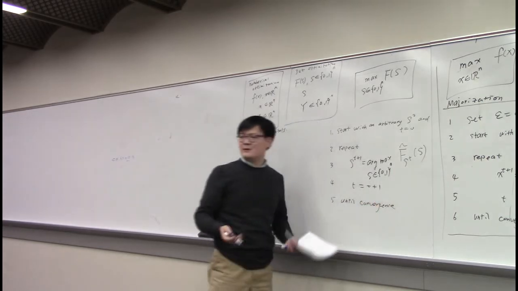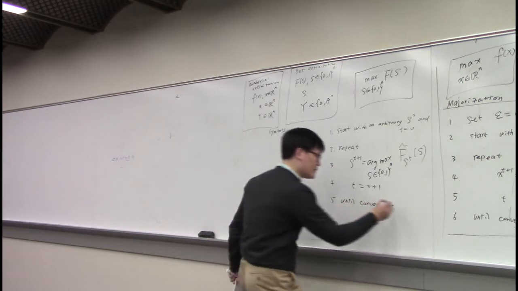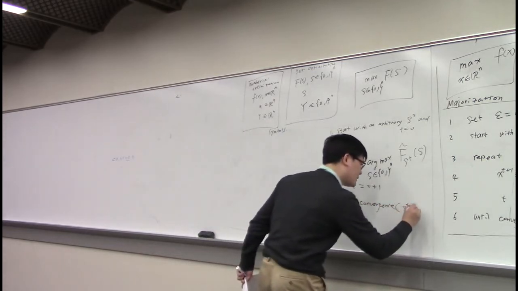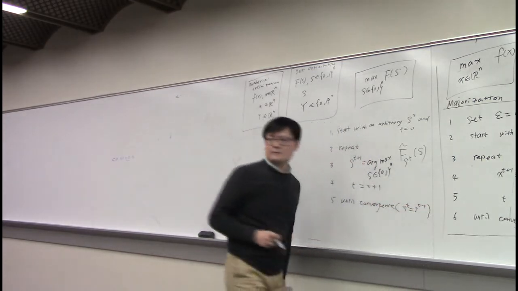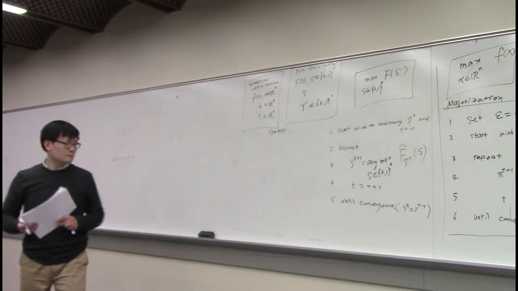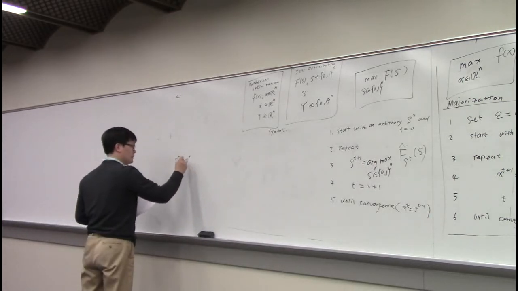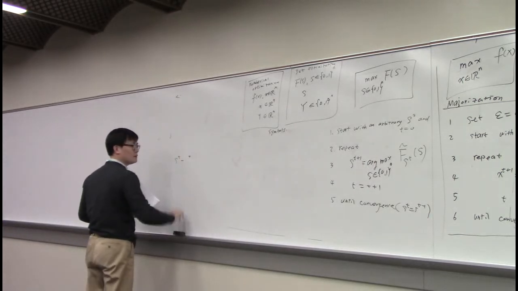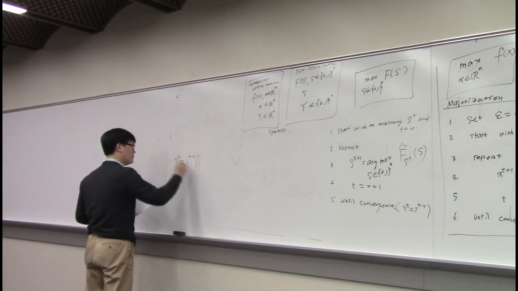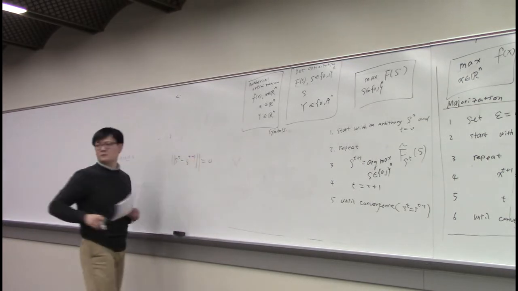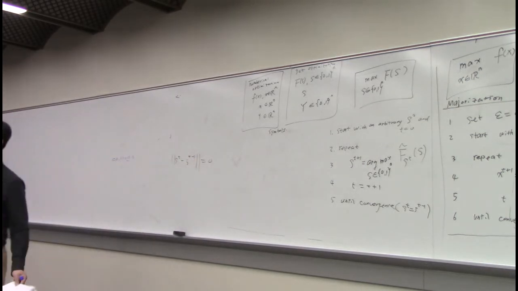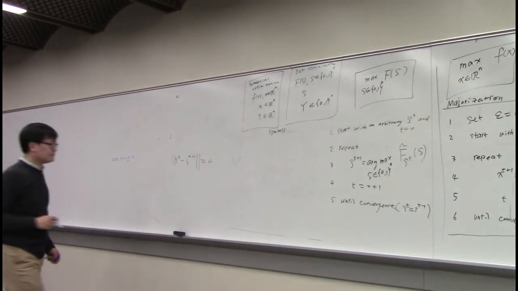Because S is a binary vector, the convergence is just S_t equal to S_{t-1}, or you can say S_t minus S_{t-1} equal to 0.